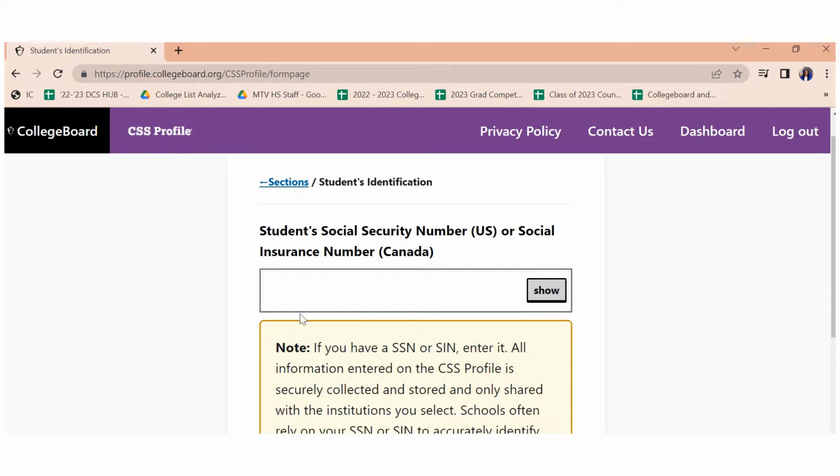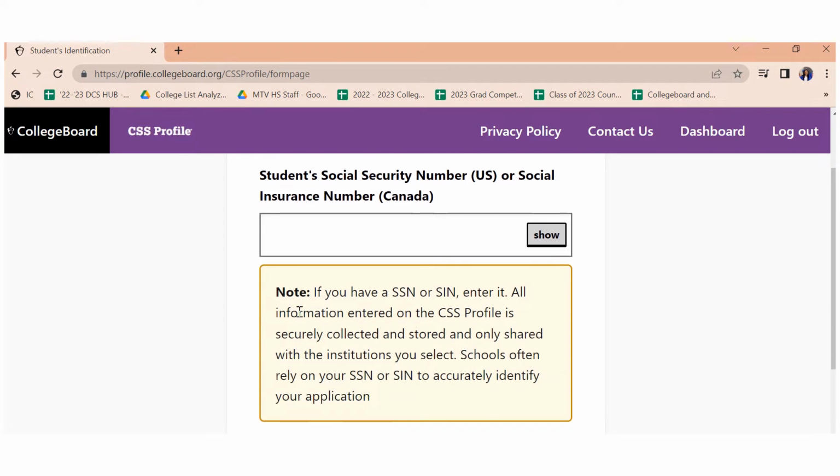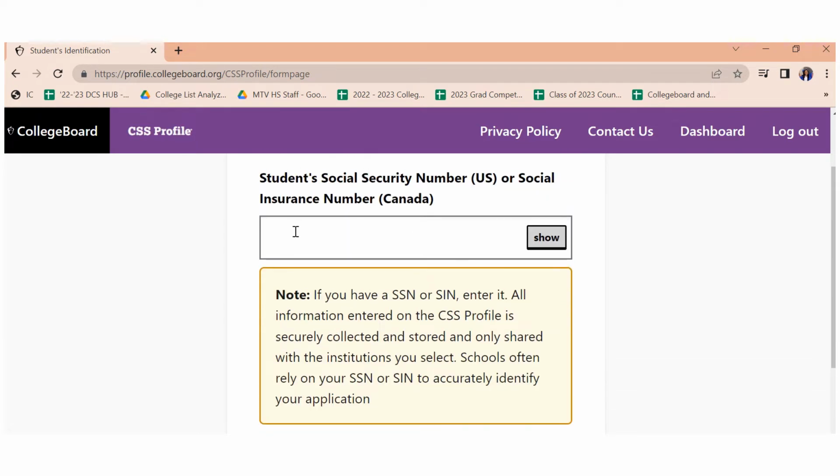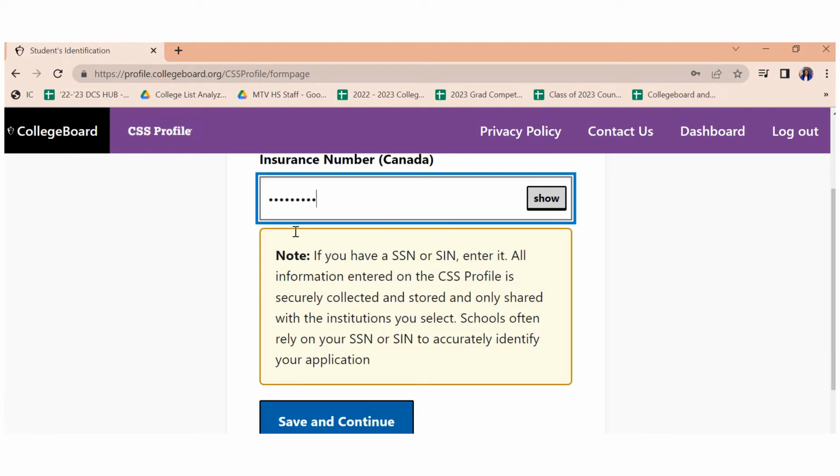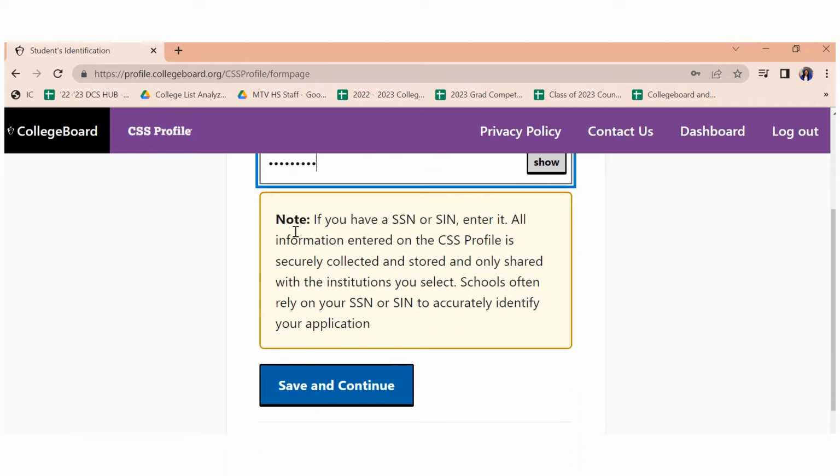You will enter the student's social security number. This will make sure that it matches up with their other identifying forms, and you will click Save and Continue.